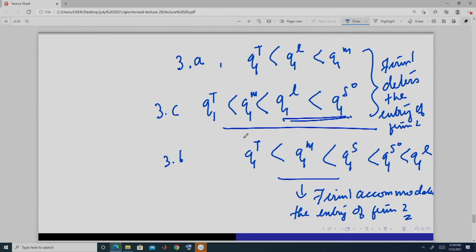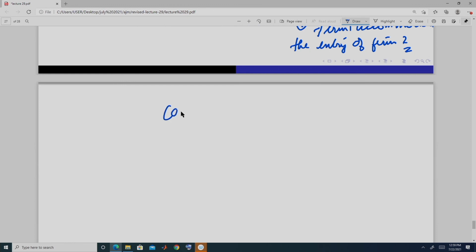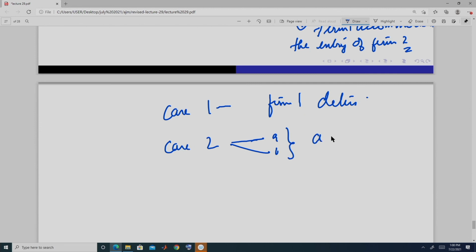Okay. And we have seen in case 1 farm 1 deters, and in case 2, in all the cases we have seen A and B, it accommodates.